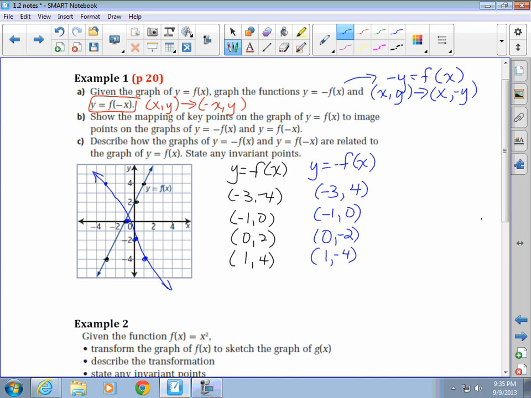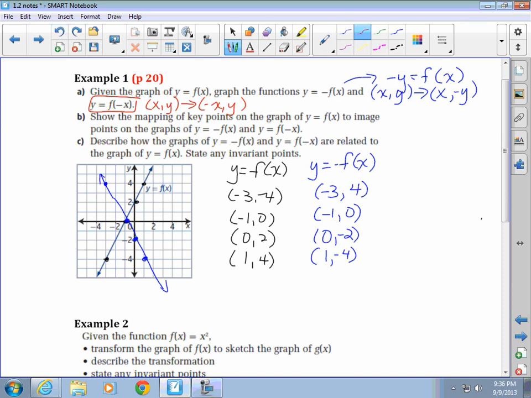That's why you need to use a ruler. So that's what that one would look like, but straighter. Yeah, that's a little bit better.